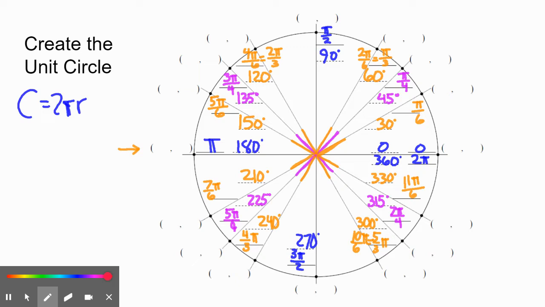So right here on the x-axis going right, the coordinates are going to be 1 for the x and 0 for the y, right? And then up here at 90 degrees, it's going to be 0 for the x and 1 for the y. And over here on the left, starting at the middle and going this way, that's going to be -1 for the x and 0 for the y. And then at the bottom, it's going to be 0 for the x and -1 for the y, right?